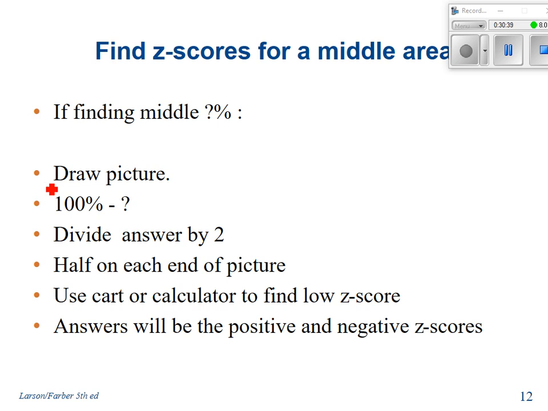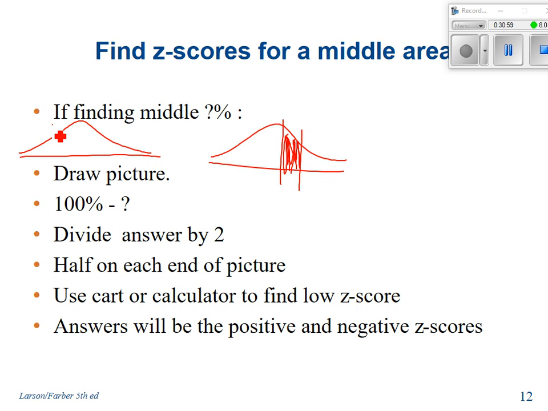If you're finding the middle percentage, again, please make sure you draw a little picture. It doesn't have to be anything special. Just draw a little picture and say, okay, I'm finding something in the middle. On all of these, I think, we'll be finding exactly the middle, so this z-score and this z-score are going to be the same, except one's positive and one's negative.